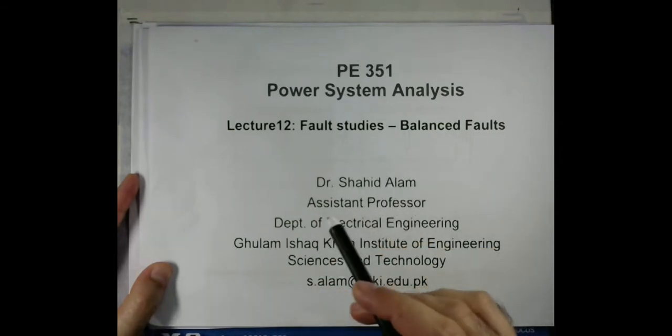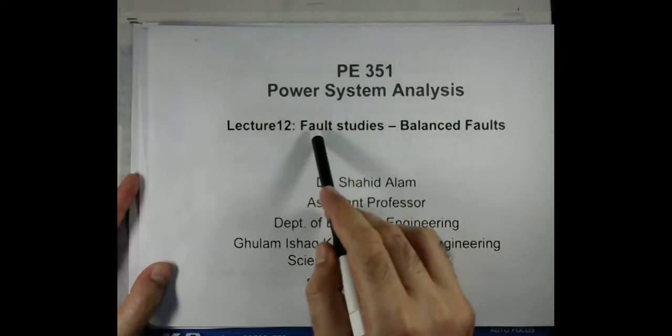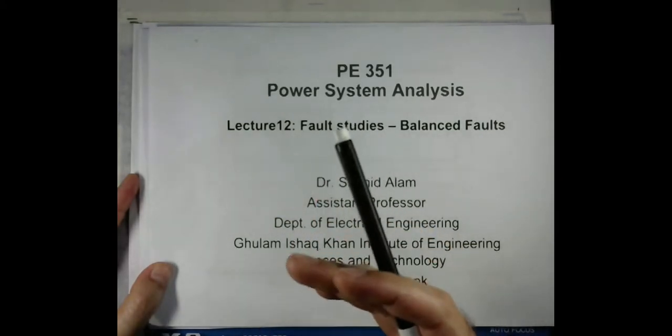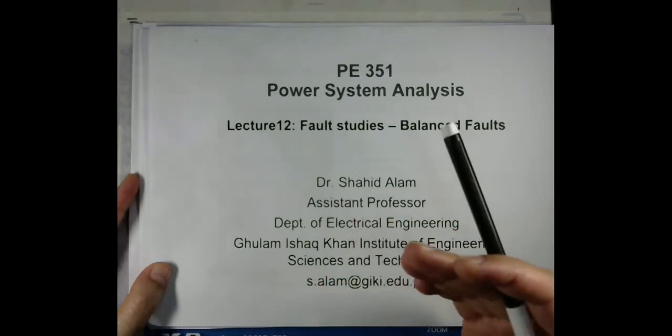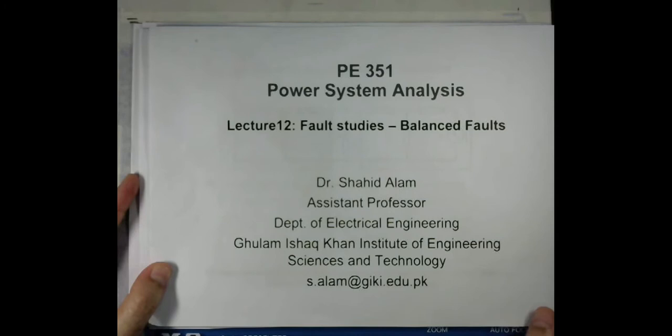That condition is referred to as a faulty condition, and then obviously steps need to be taken to protect this system, and for that we have the protection schemes, protection devices.